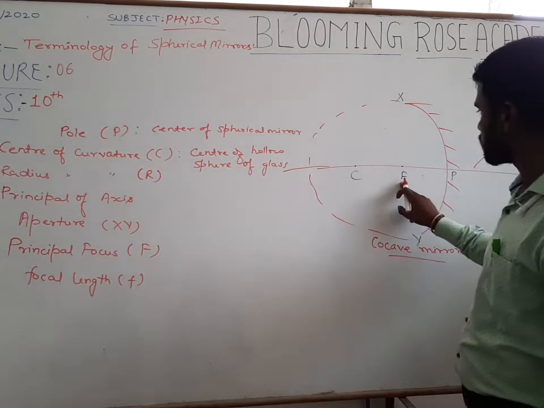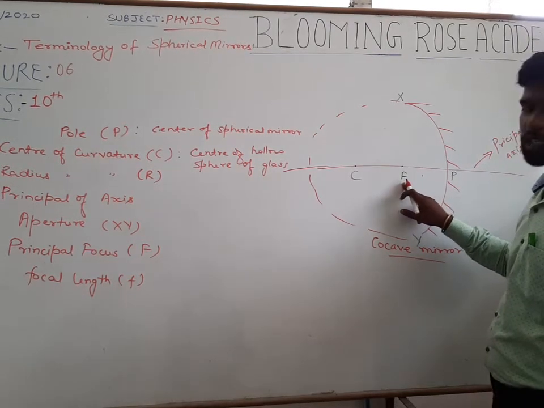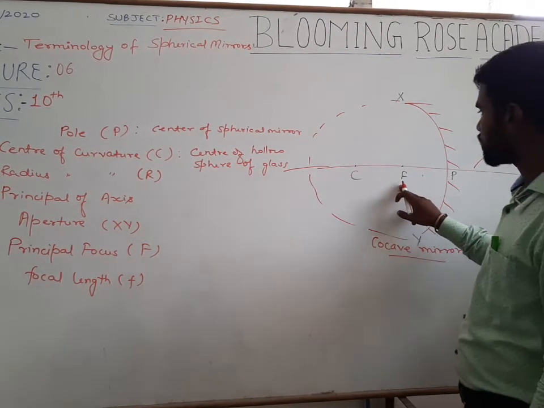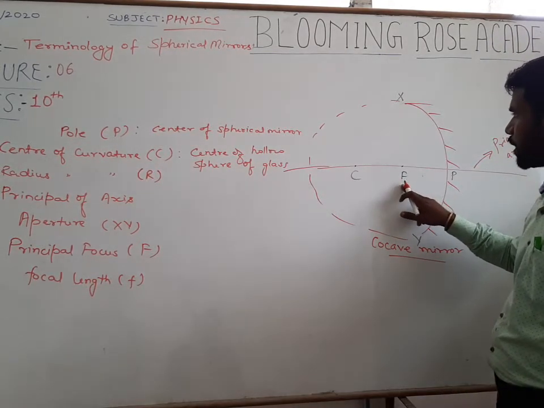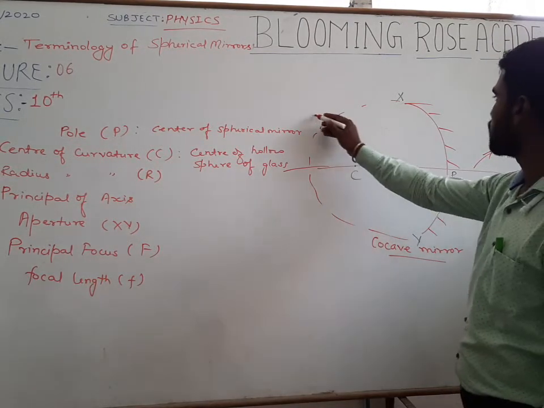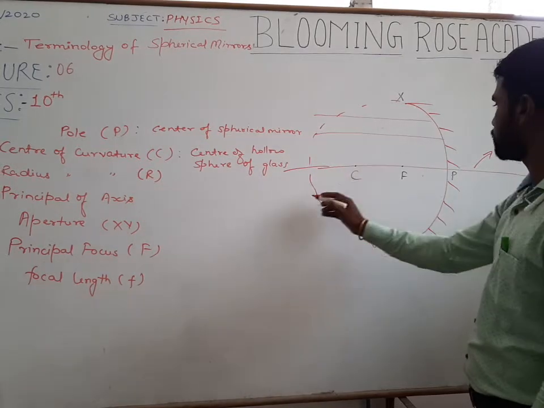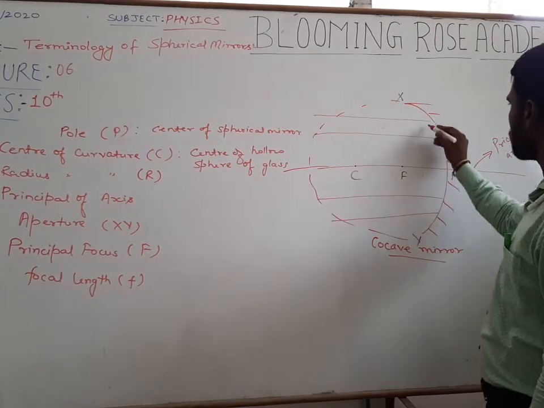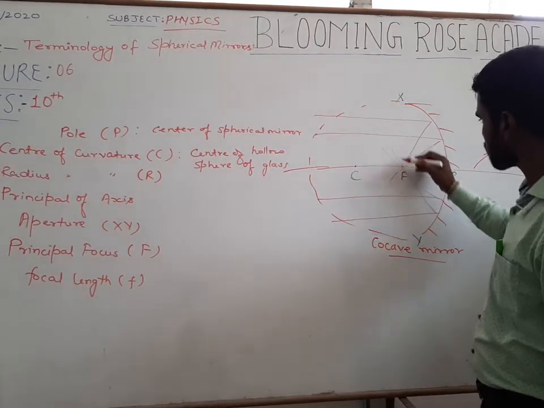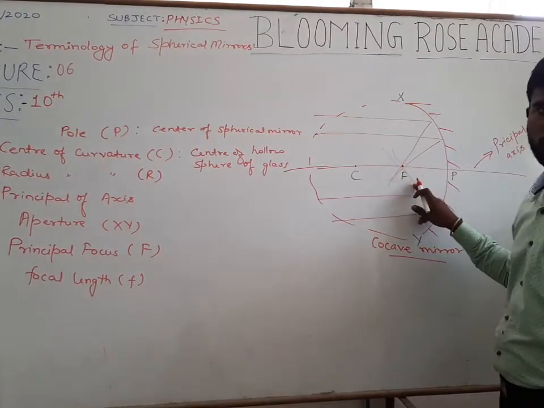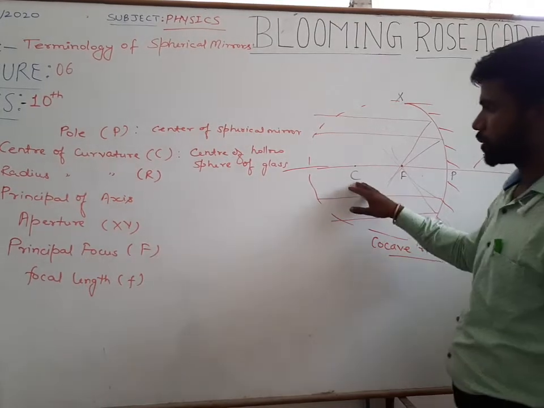Here one term is F, and it is called the principal focus. What is principal focus? Principal focus is the point at which rays from infinity really meet or tend to meet after reflection.